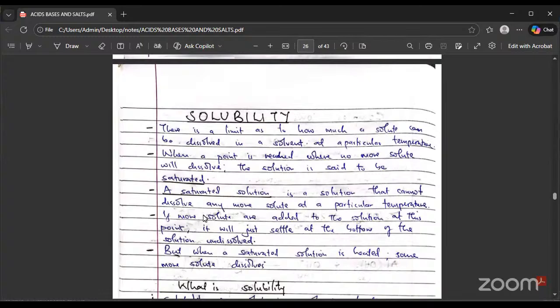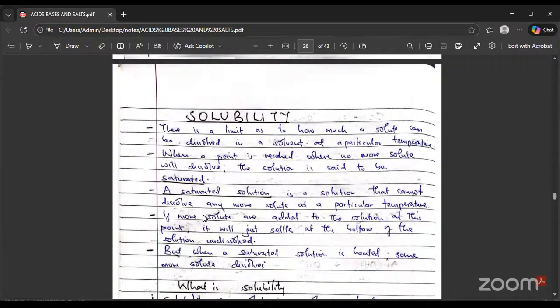So we have talked about salts. We started with salts from Form 1, the reaction of acids and bases, and then we came to the salts in Form 2. In Form 2, we talked about solubility of salts. We were not specific on the type of salt. We used the universal name. For example, how soluble is the chloride?